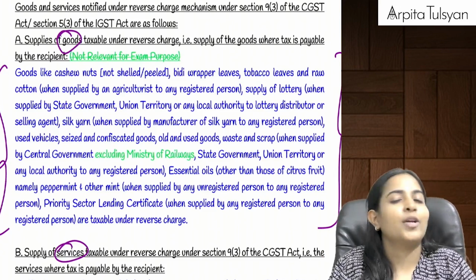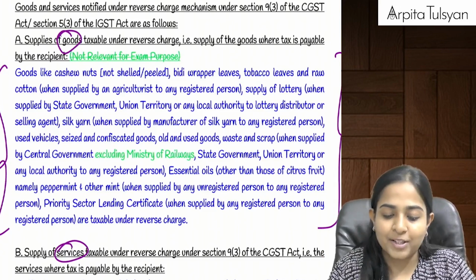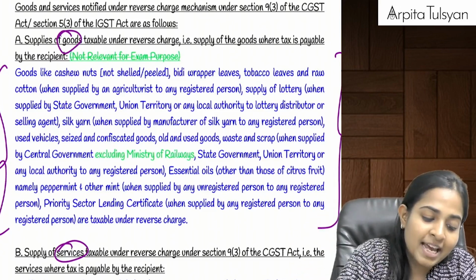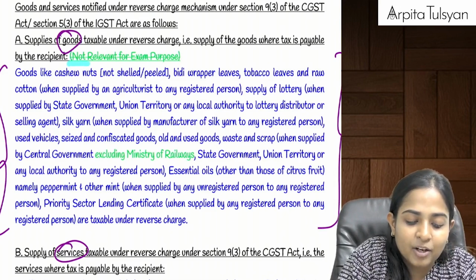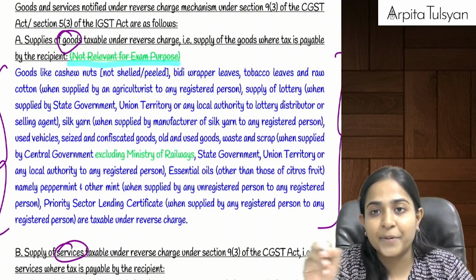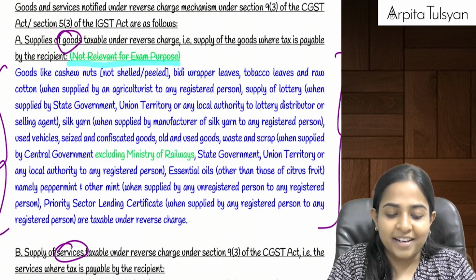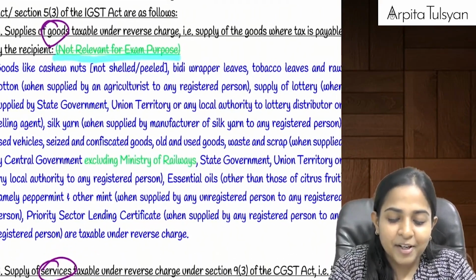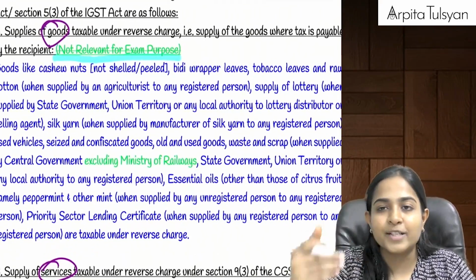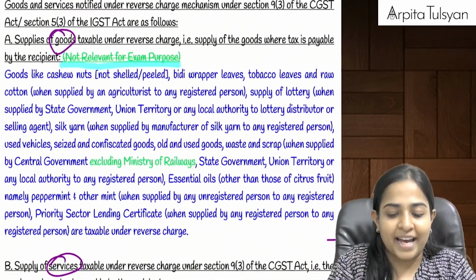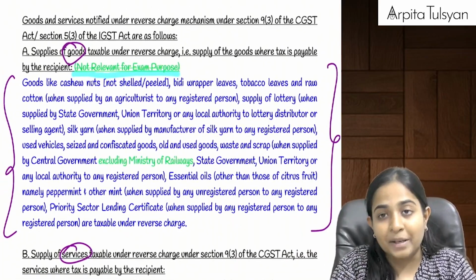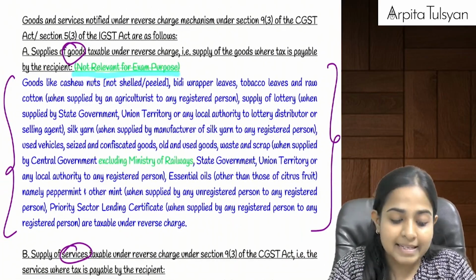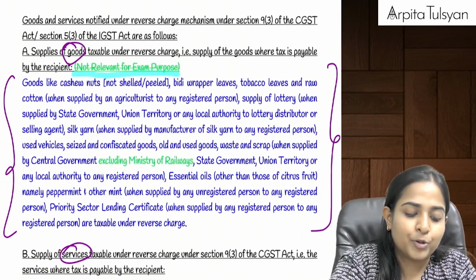Now what your ICAI has done, for the purpose of May 24 exam and onwards, they have cut this statement, 'not relevant for exam purpose'. What does that mean? That means that this particular list where the supply of goods are taxable under reverse charge mechanism needs to be remembered and is relevant from exam point of view.